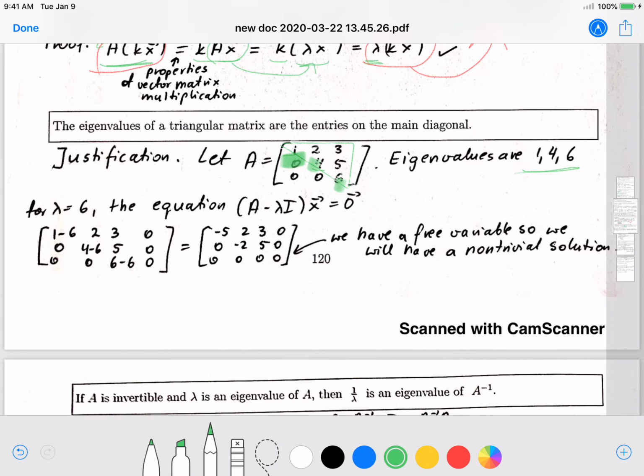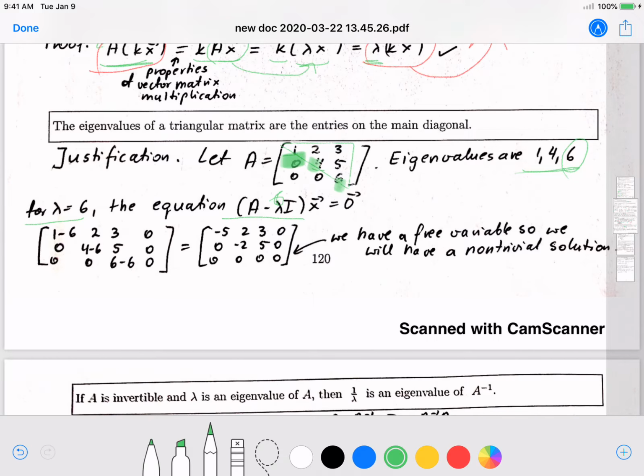So let's check it for 6, for example. For lambda equal to 6, we would need to solve the equation A minus 6 times identity, times x, and we would need to find a non-zero vector x.